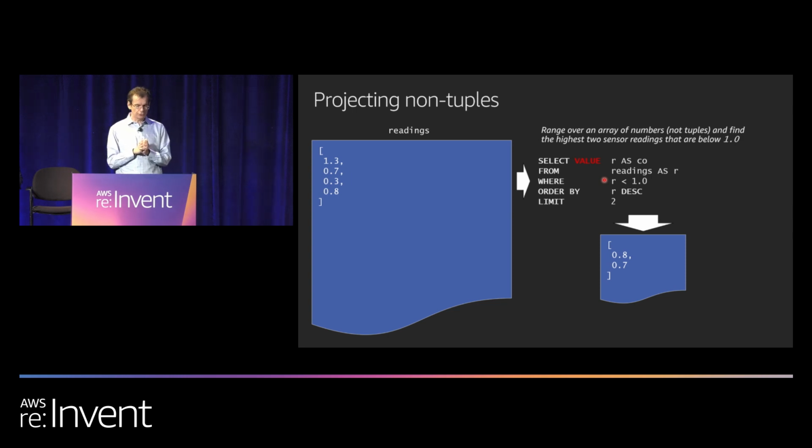What is the select value doing? Basically, the select value says that we're going to be producing here a collection of values. What will these values be? Oh, I think we got a little bug here. Forget carbon monoxide. Here it should be just R, select value R. So it will be whatever you give it to be. If you just say R, you're going to get the scalars.